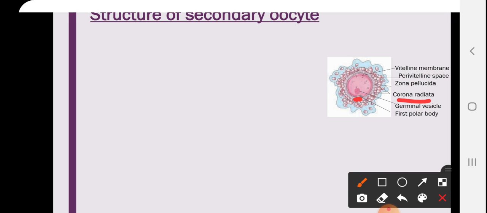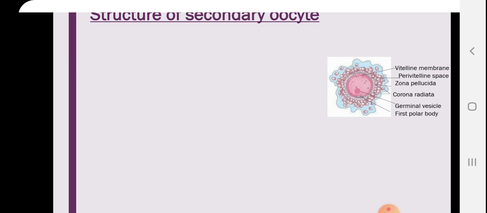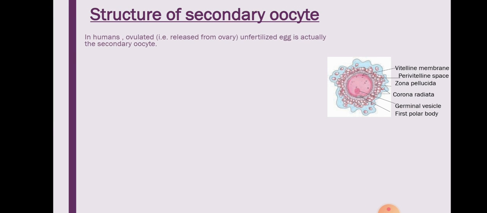Actually, both of these are divided from the oogonial cells, but due to unequal division, the secondary oocyte and the first polar body are formed from the primary oocyte. Here this region, the large nucleus, is called the germinal vesicle.